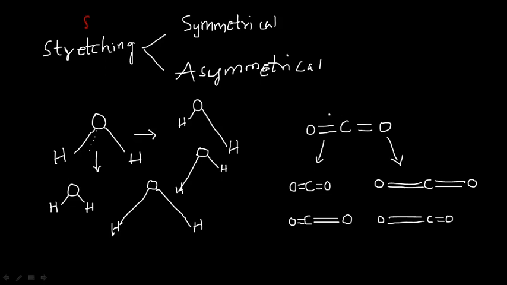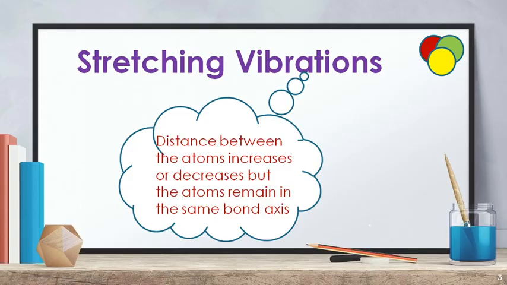And for the linear case, these two structures explain symmetrical stretching, and these two explain asymmetrical stretching. Okay, right. So when it is clear, now let us move to bending. Symmetrical and asymmetrical are the two types of stretching vibrational modes. Now we are moving to bending vibrational modes.